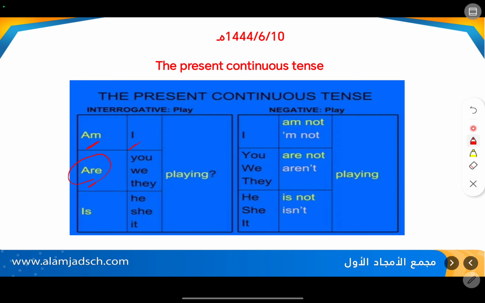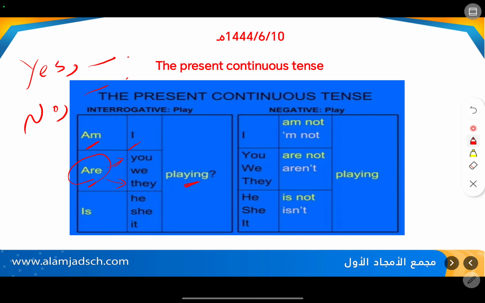For example, are you, are we, are they, and after that the verb plus ing. So the question will be, for example, are you playing? Of course, the answer will be yes or no. Yes, I am, or no, I'm not.